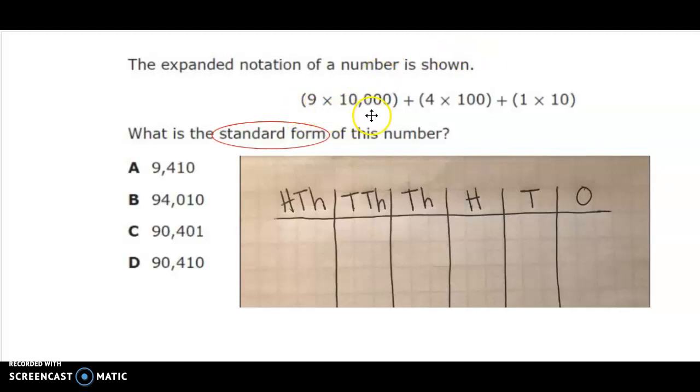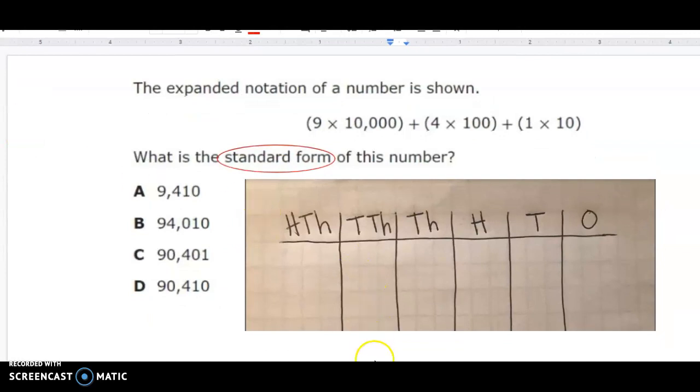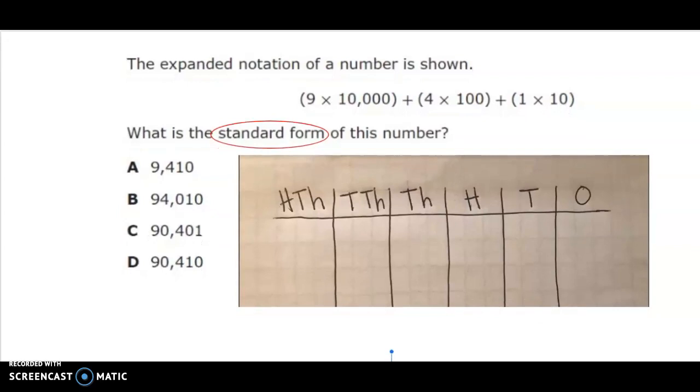9 times 10,000. So that 10,000 part tells us that our first digit is going to go in the 10,000s place. Okay? And since it's 9 times 10,000, we know that a 9 is going to go in the 10,000s place.